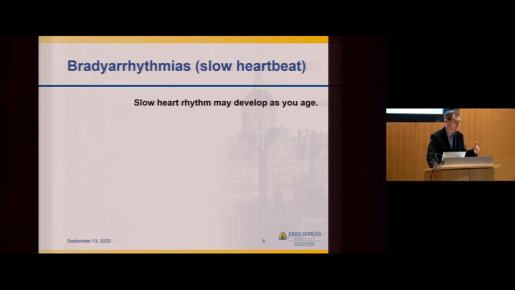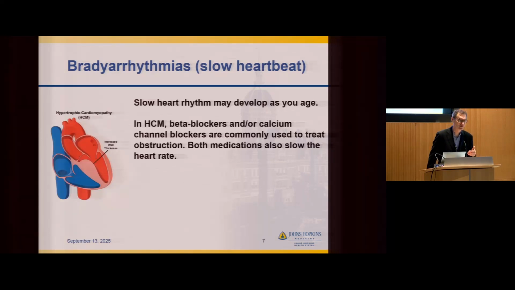As you age, the heart rate may become slower. However, in HCM, as we heard from Dr. Madrazo, we often have obstruction, a bulge of heart tissue that gets in the way of the blood flow, and we treat that with medications. The most common medications that we use in HCM are calcium channel blockers or beta blockers.